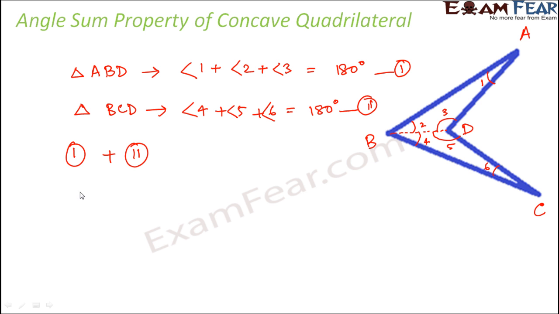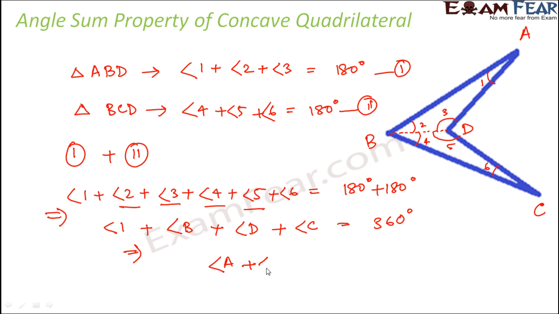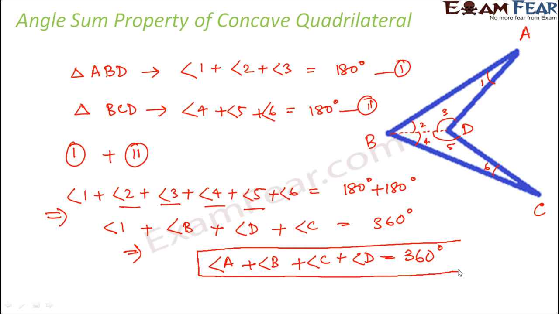If we add 1 and 2, on the left hand side we get angle 1 plus 2 plus 3 plus 4 plus 5 plus 6 equal to 180 plus 180. And from here we see angle 1 plus angle 2 plus angle 4 would be angle B. Similarly, angle 3 plus angle 5 would be angle D, plus angle 6 would be nothing but angle C, and this is equal to 360 degrees. So this tells us that angle A plus angle B plus angle C plus angle D in case of a concave quadrilateral also is equal to 360 degrees.